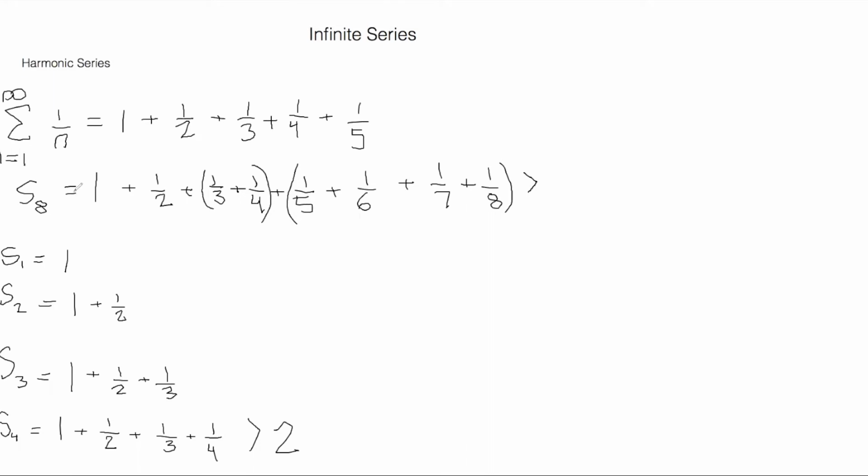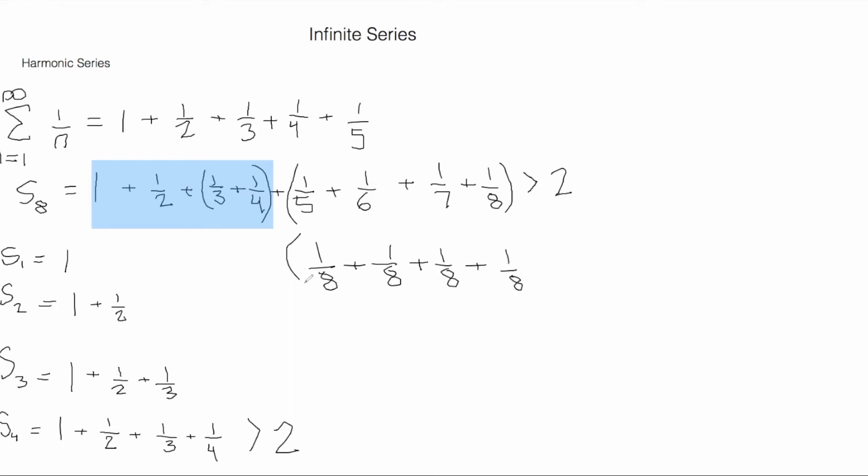So we want to do what we did before with the fourth partial sum. We're going to make this into a 1/4 plus 1/4, which means this first part, I want to color code it a little bit. So this first part in blue is greater than 2. We know that from the fourth partial sum we just did. And then we want to do something similar with this part right here. So I want to replace it with 1/8 plus 1/8 plus 1/8 plus 1/8.